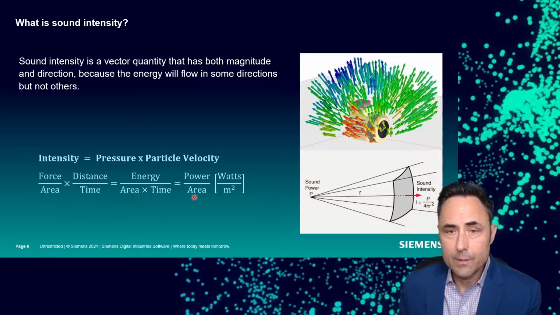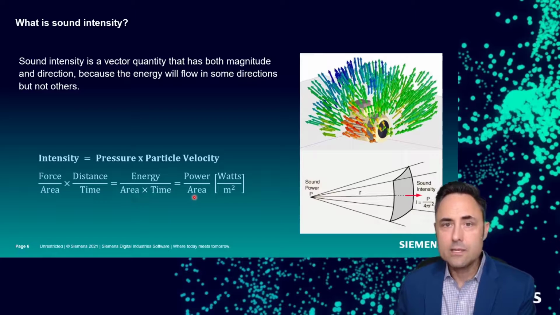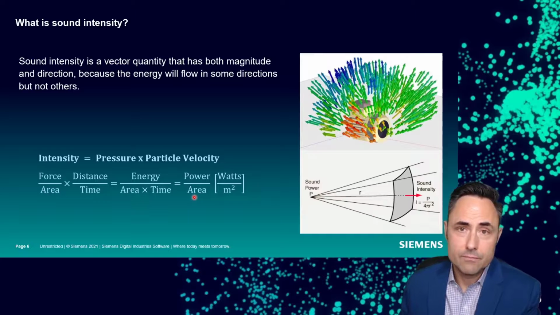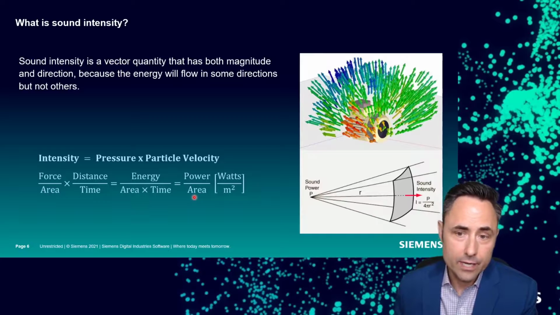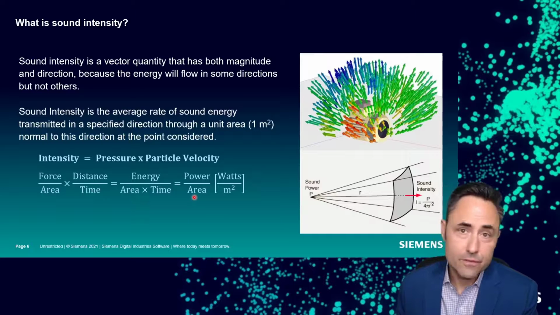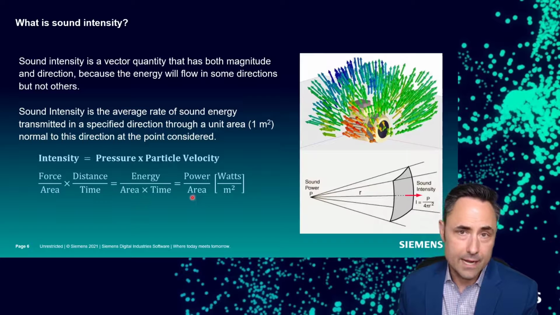And so we break down our object into a bunch of small areas, and then we say how much of the sound energy or wattage comes out in that square meter area, okay? And the sound's going to flow out of some places more than others, and we're going to map that out, okay?